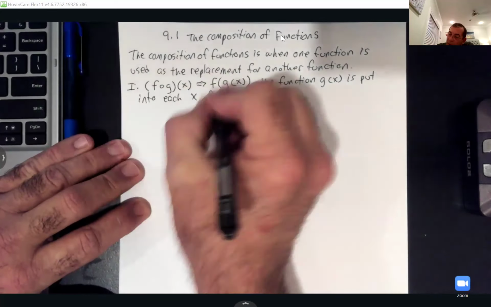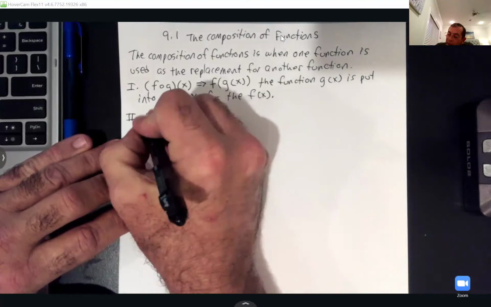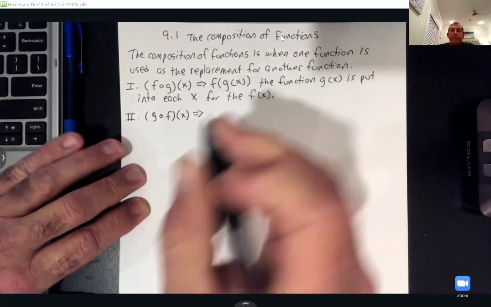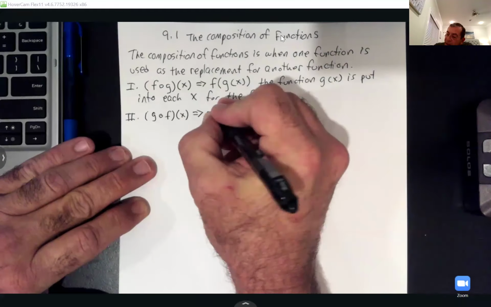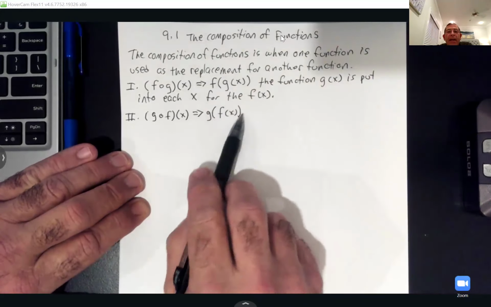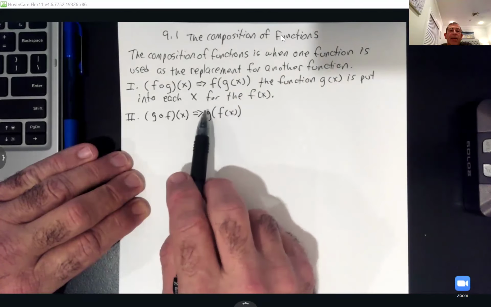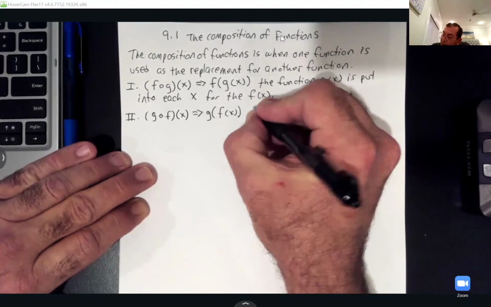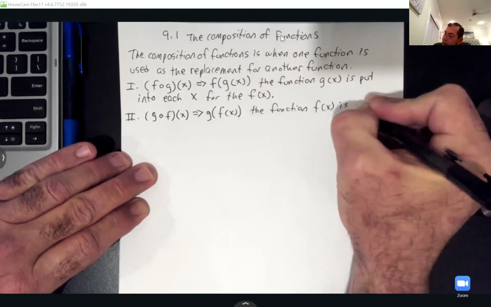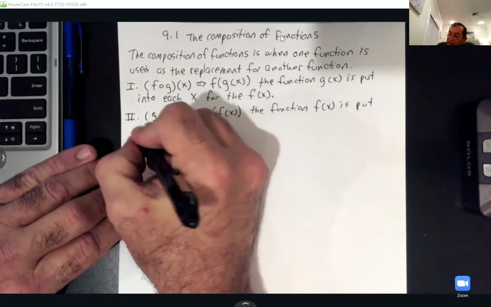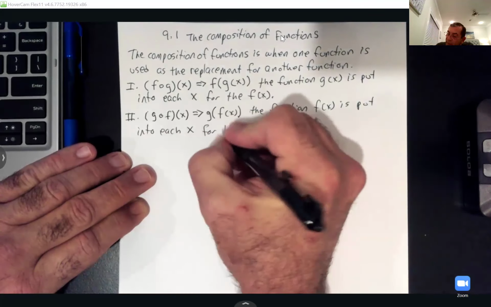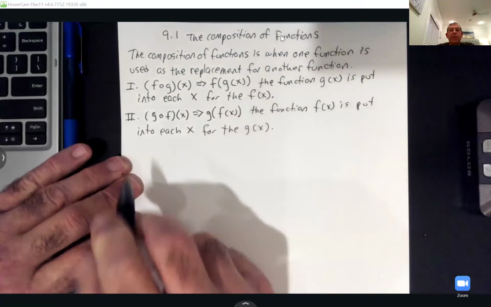Now, the second one, they sort of reverse it, and it is G compose F of X. So this means G of F of X. So y'all, when it's like this, the F of X function is put into each X for the G of X. So the order does matter.